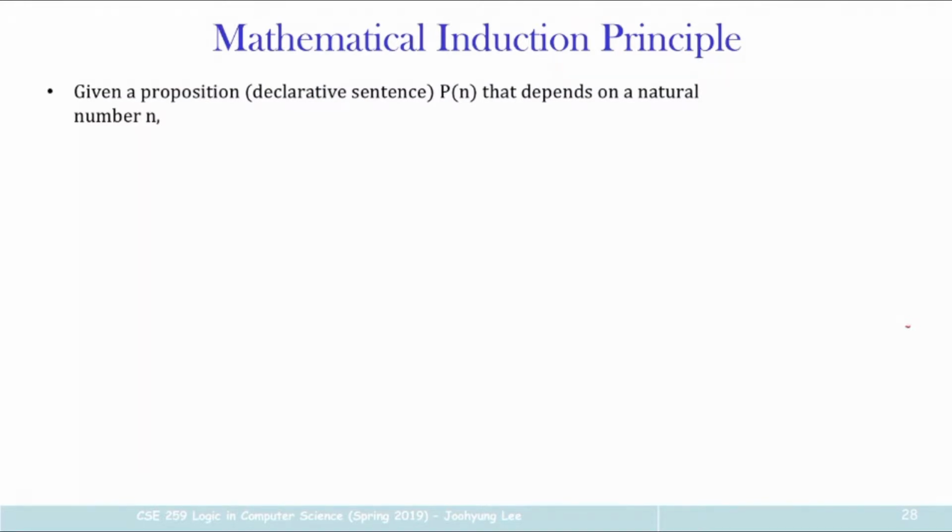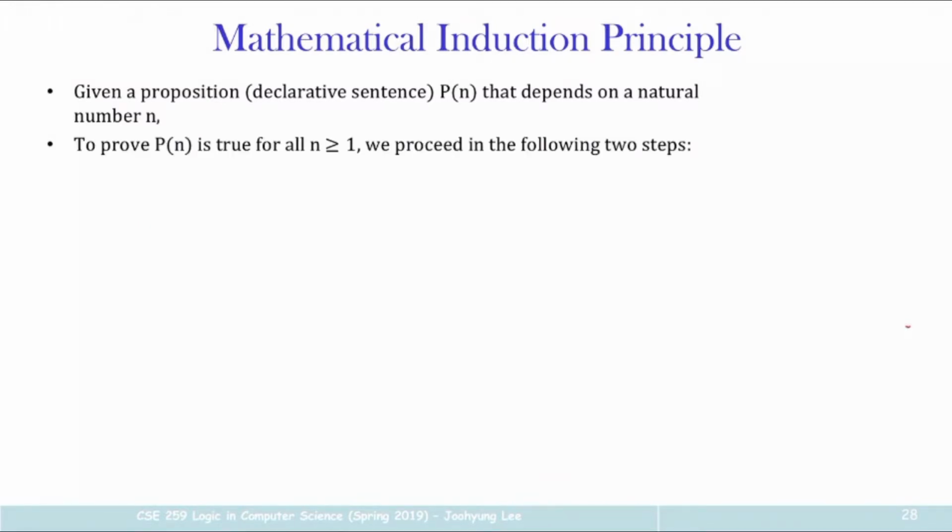And you may have seen this induction principle before. Okay? So what is induction saying? The induction has the parameter n. So it is a statement, some declarative sentence P, but it has a parameter n. Okay?